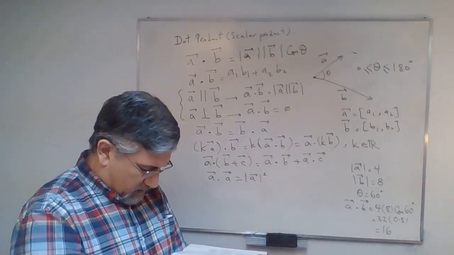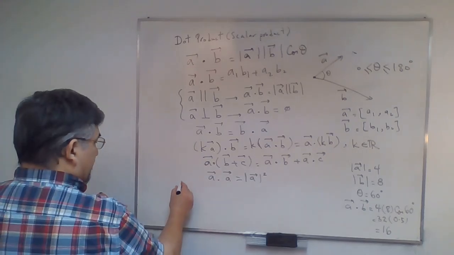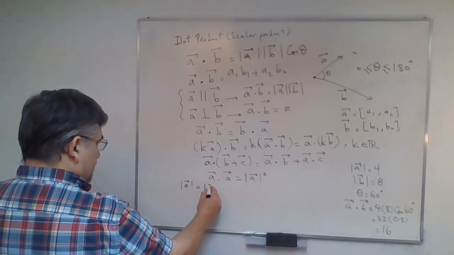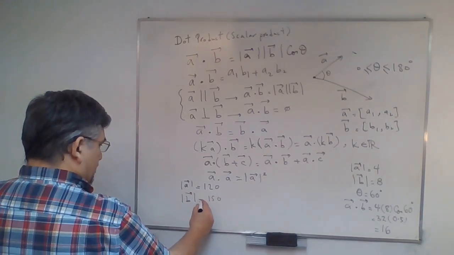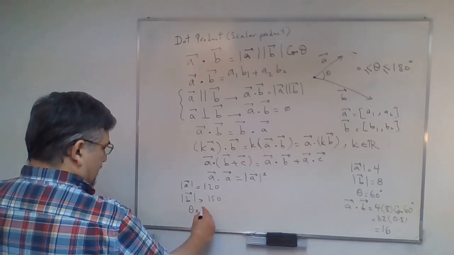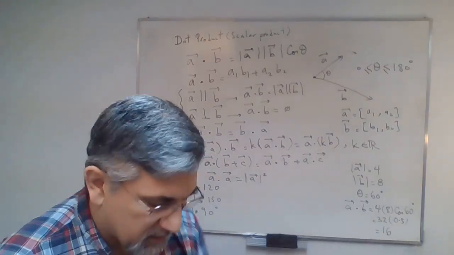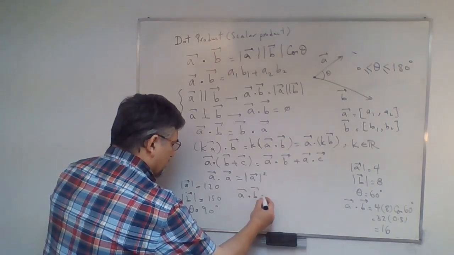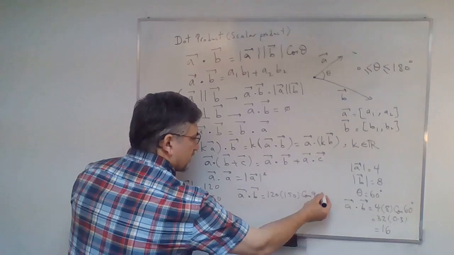Okay, and I can give you another example. We have a vector A whose magnitude is 120, vector B 150, and they're making an angle of 90 degrees. So A dot B would be 120 times 150 times cosine of 90.